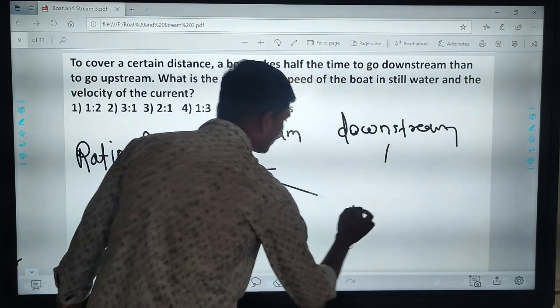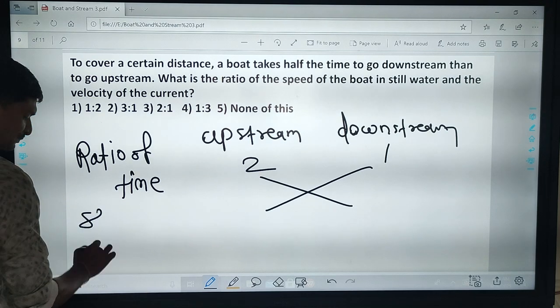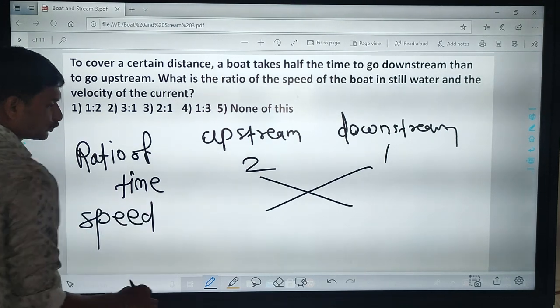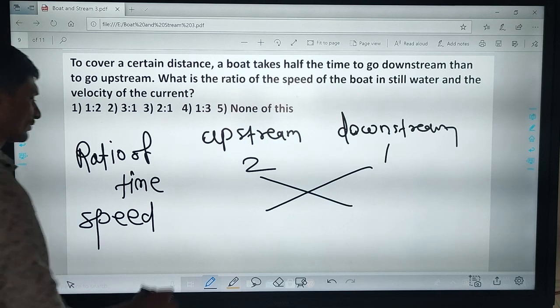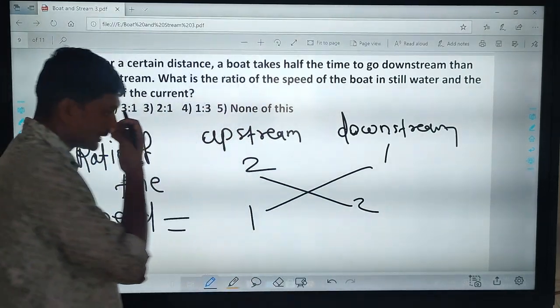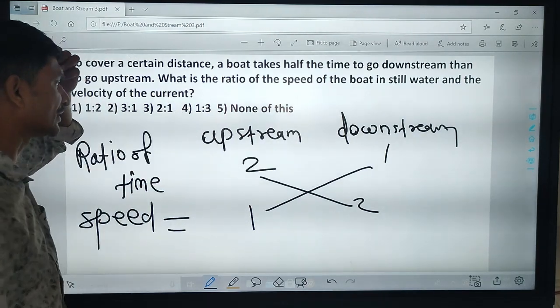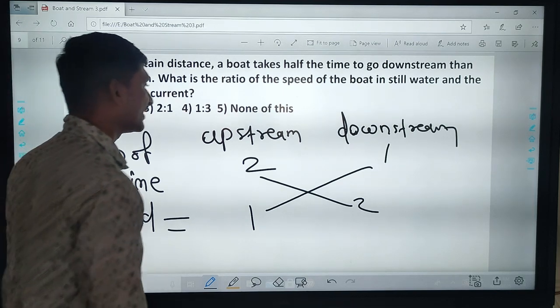Then the ratio of speed to go upstream and downstream is 1:2. Upstream speed is 1 and downstream speed is 2.